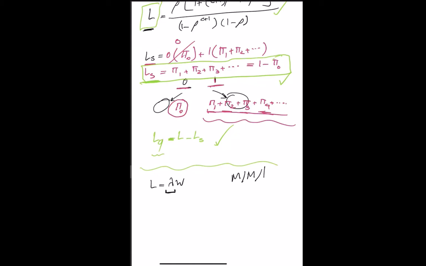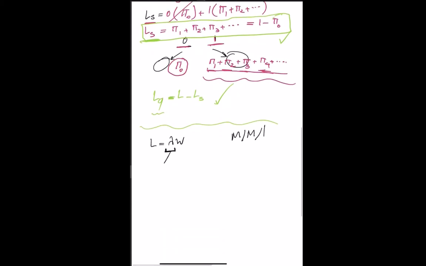So this lambda used in L equals lambda W in Little's formula is basically the rate of entrance to the system. We didn't worry about that in previous systems because the size of the system was infinity, and we didn't have any limit on how many people can enter the system. So anyone who arrived entered as well. So basically, the rate of arrival and the rate of entrance were the same.